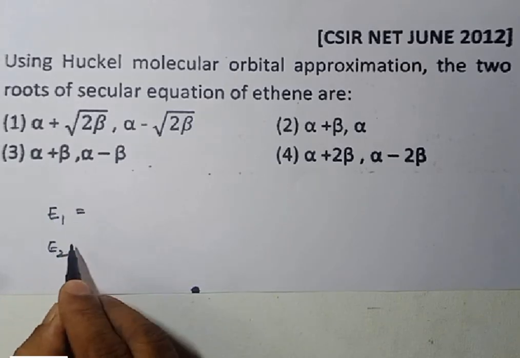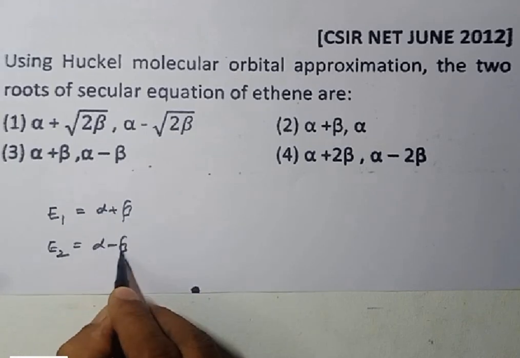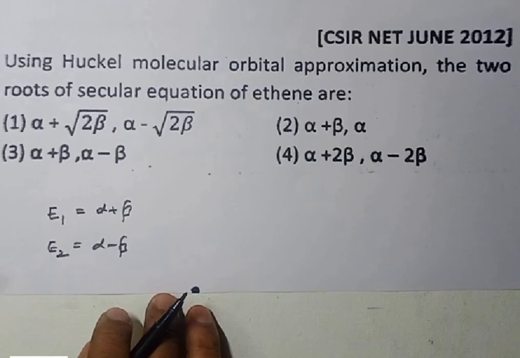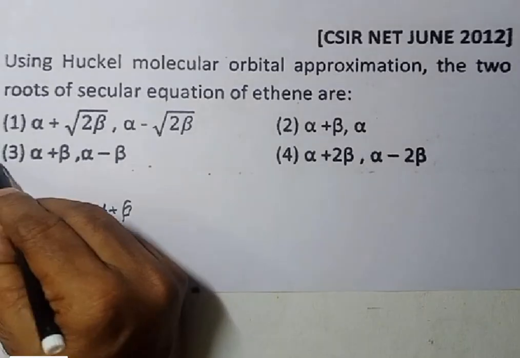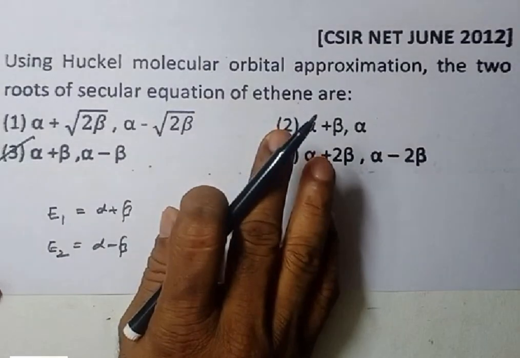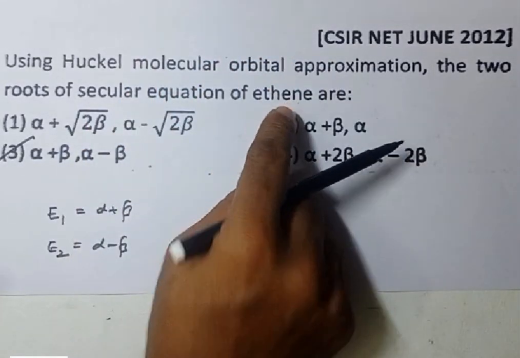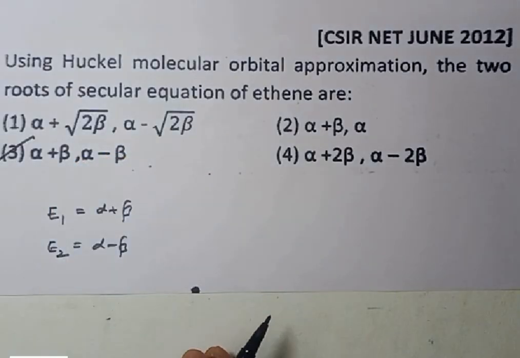One is alpha plus beta, the other is alpha minus beta. These are called roots. So the correct option for this question is option C. Those who have some idea about Huckel molecular orbital theory of ethene can directly answer this question.